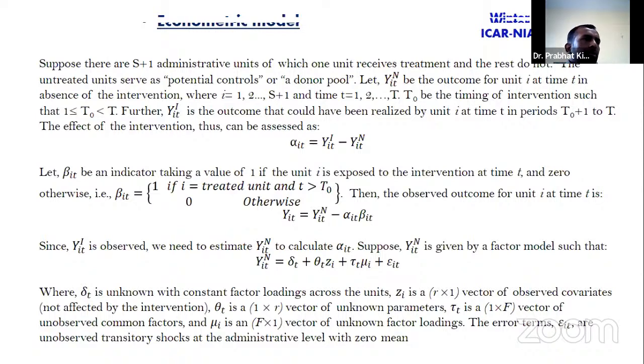Based on the similar characteristics of the variables included in the model, the method will provide weights to the states that better depict Punjab, and based on that it will create the counterfactual. With that, we can estimate the impact.